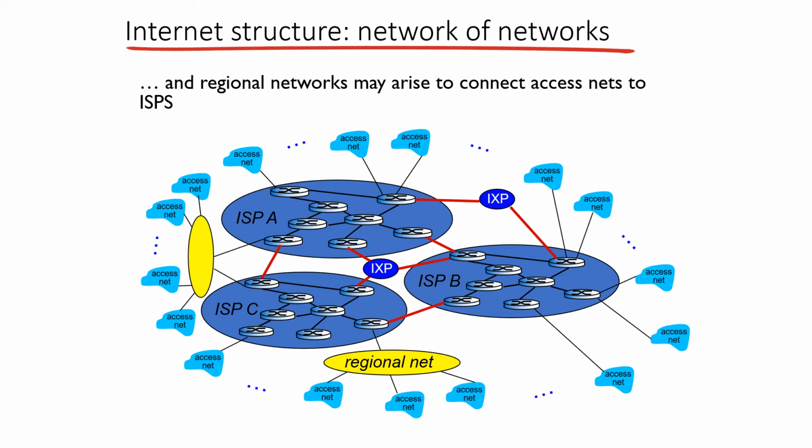Maybe for the Africa region, for Eastern Europe, for Western Europe, you can have regional internet service providers as well, which in turn again connect to global internet service providers such as ISP A, B, and C. How do global internet service providers connect with each other? Through Internet Exchange Points or IXPs, which are specialist gateways. So this is your network of networks and this is your global internet structure.